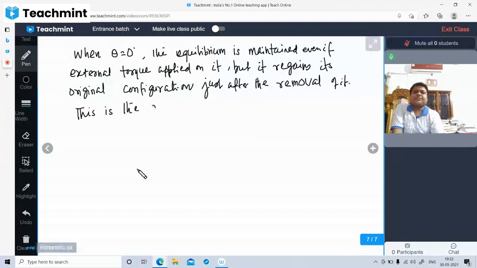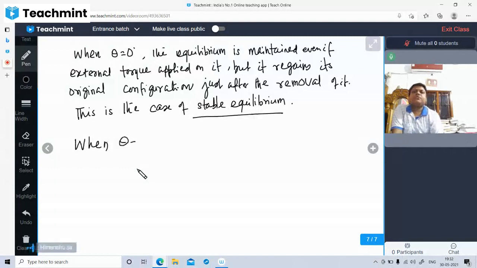This is the case of stable equilibrium. Understood?